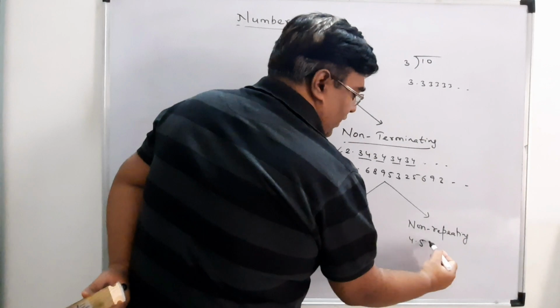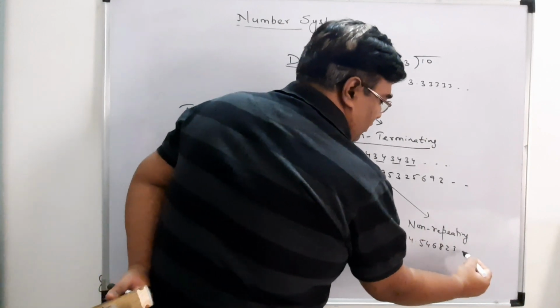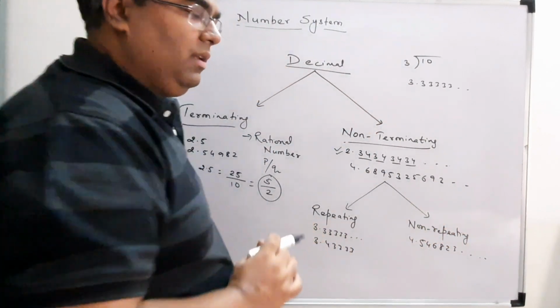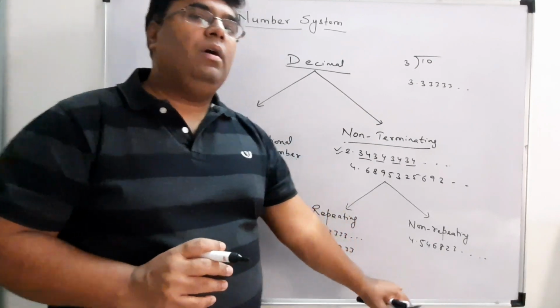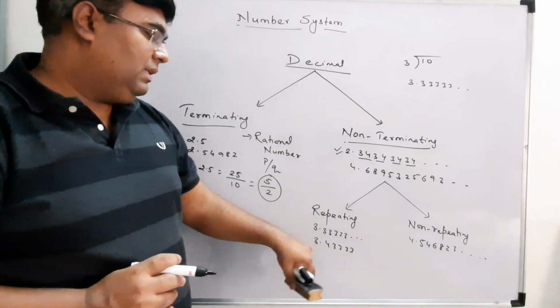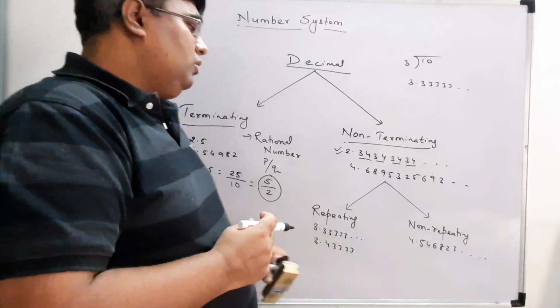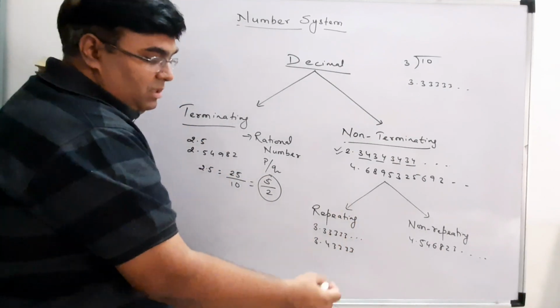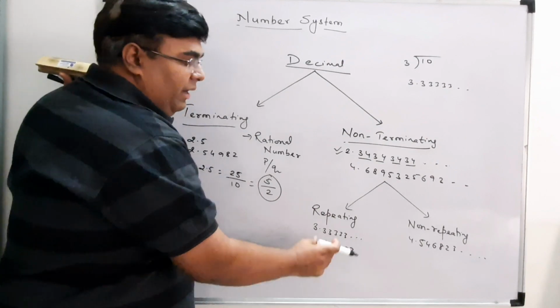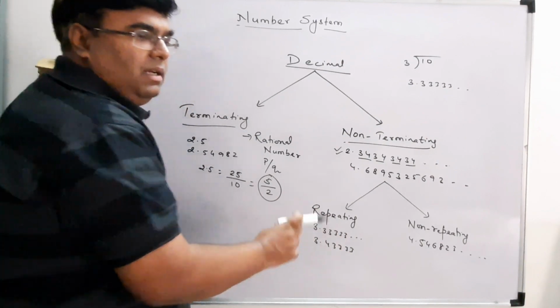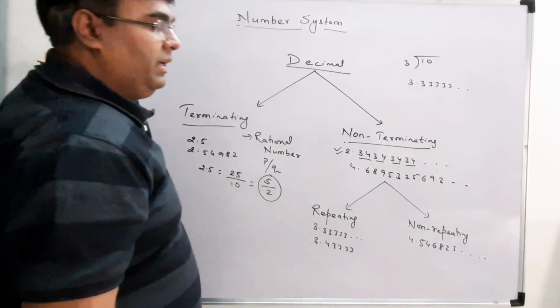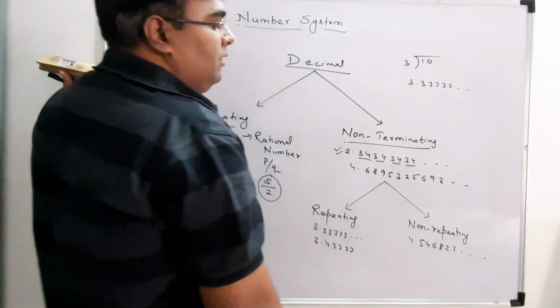So 4.546823 dot dot dot dot, like this, no pattern of repeating. Here there is a pattern of repeating. Okay, so both are non-terminating, meaning there is no end, but here at least you can find a pattern that some numbers are getting repeated. Here there is no pattern found.